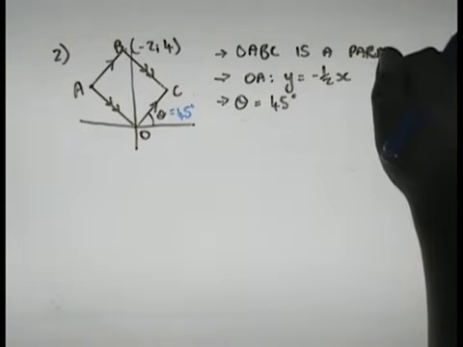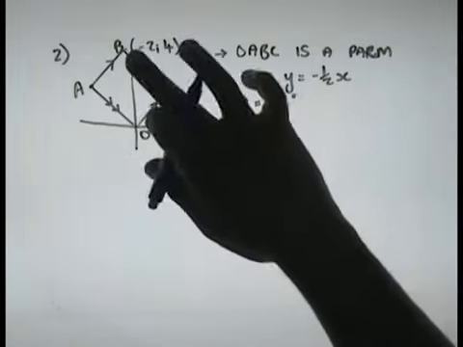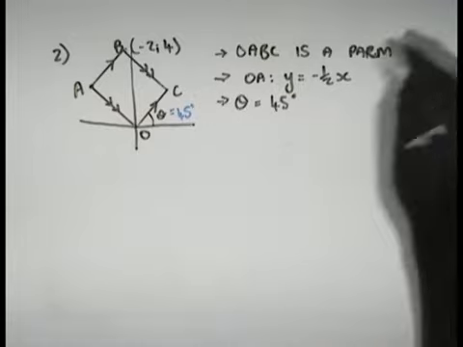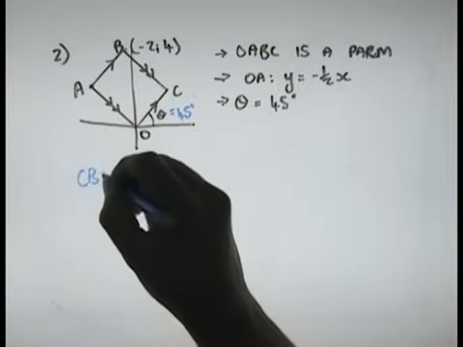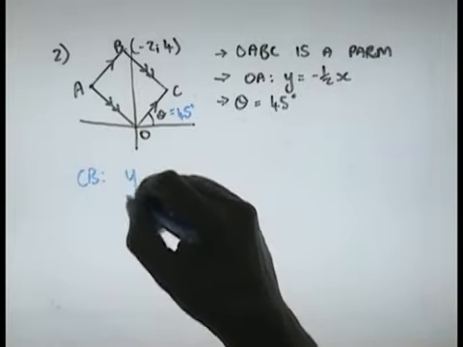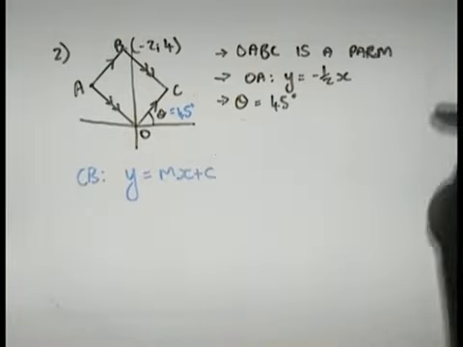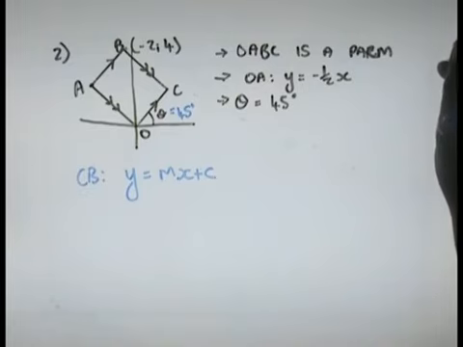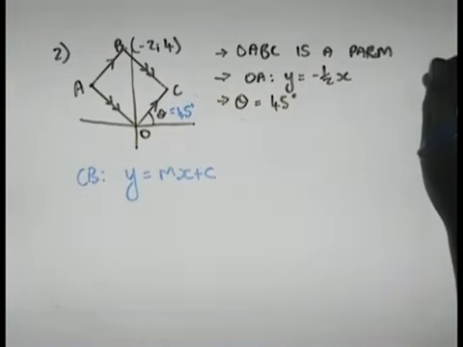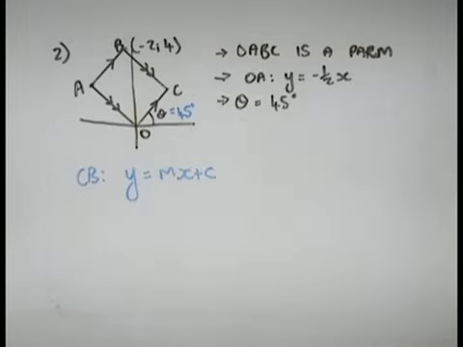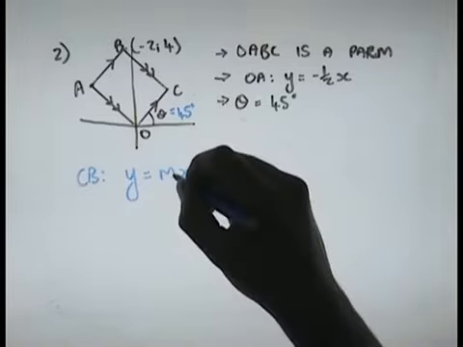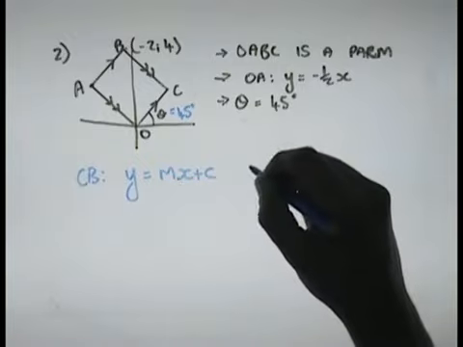The first thing I asked you to do was to give me the equation of CB. Now, in order to get the equation of CB, remember it's going to be a straight line in the form y is equal to mx plus c. That's the standard form of this equation. We need to start by looking for our gradient.